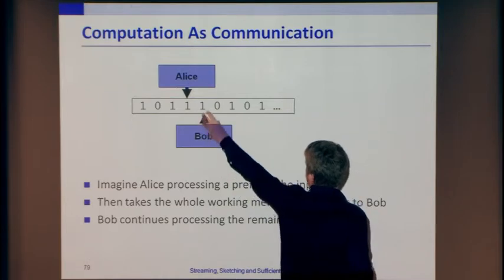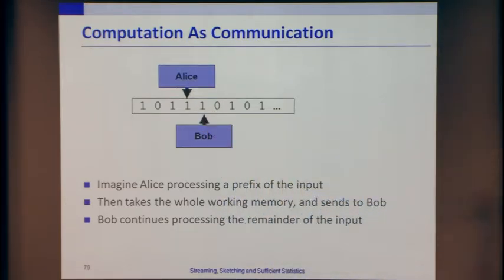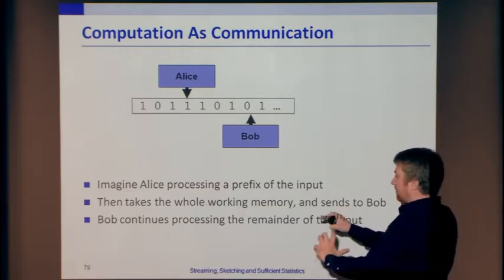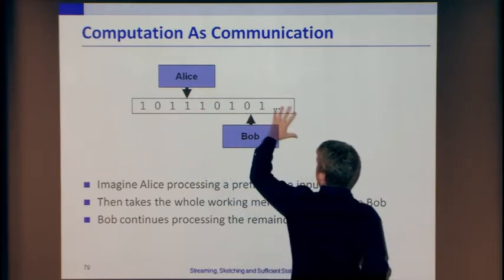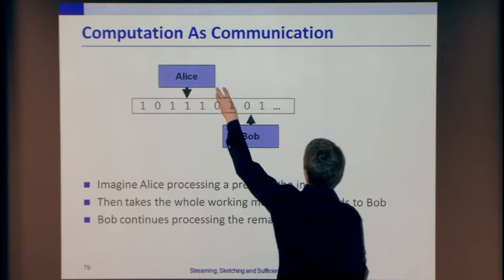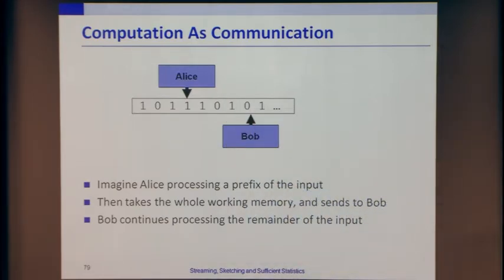At some point in the middle, she's going to hand over the task to Bob. So she's going to communicate the contents of her data structure to Bob, and then Bob is going to continue processing the remainder of the input. So what this is doing is establishing that link between processing the information and building a data structure or a sketch, and a communication game between two players.